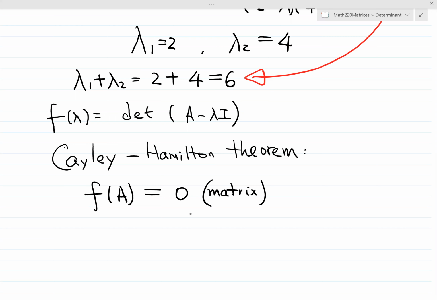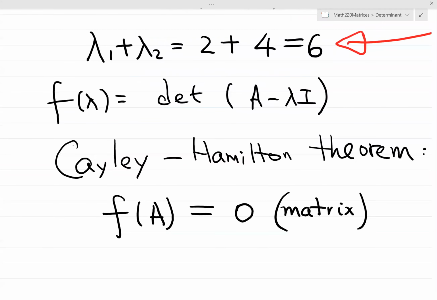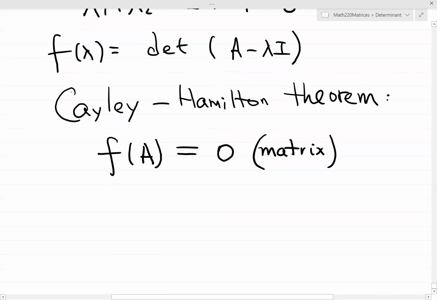Here, we will not talk about the proof. The proof is beyond the scope of this course.